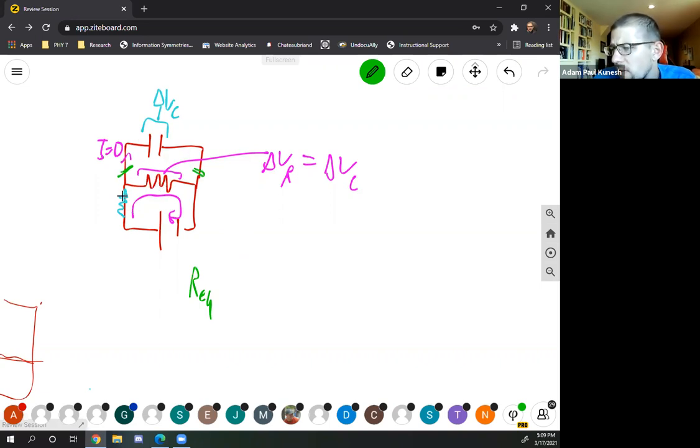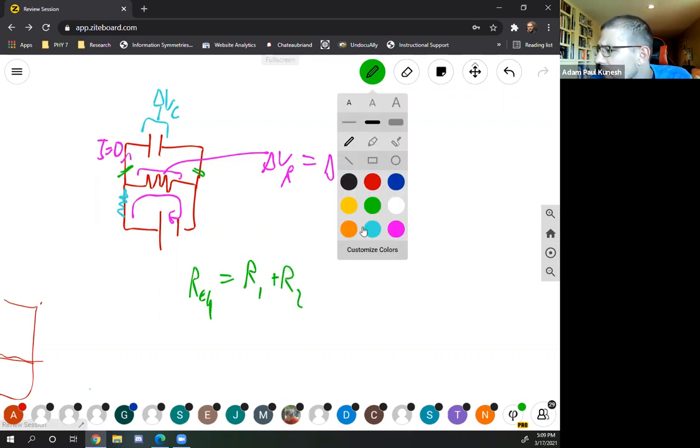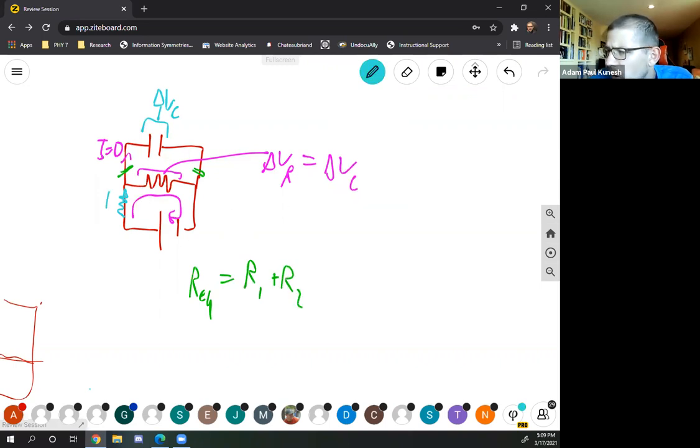So the equivalent resistance of these two can just be added directly. There are no upward leaks at that point, so the equivalent resistance would just be R1 plus R2. That will tell me the current through this loop, I, and from that, I can determine the voltage drop across this resistor. So that's how I do that really quickly.